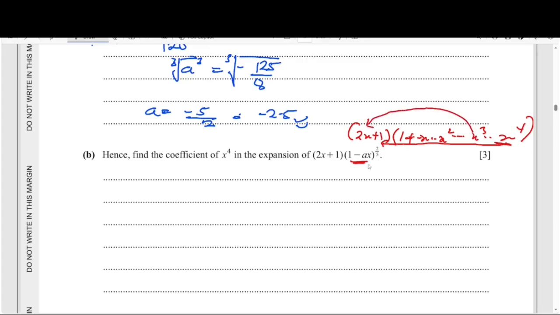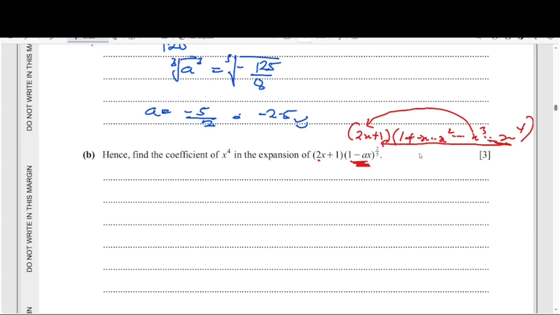That means the coefficient of x^4 is the coefficient of x cubed in the second binomial times 2, plus the coefficient of x^4 in the second expansion times 1, and we add both results.